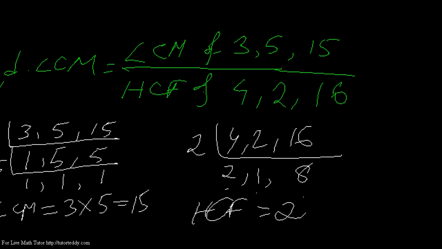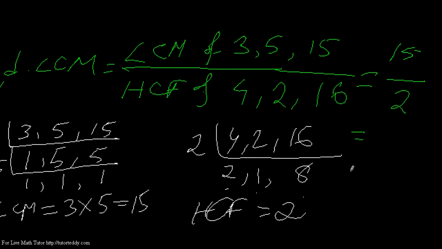So I can say the required LCM is, LCM I have found 15 divided by 2. So 15 divided by 2 is my required LCM. And since the numerator 15 is greater than the denominator, I can reduce it into a mixed number.